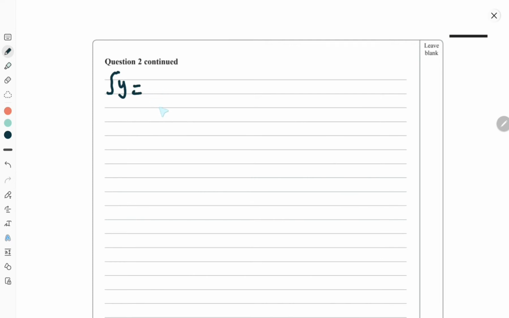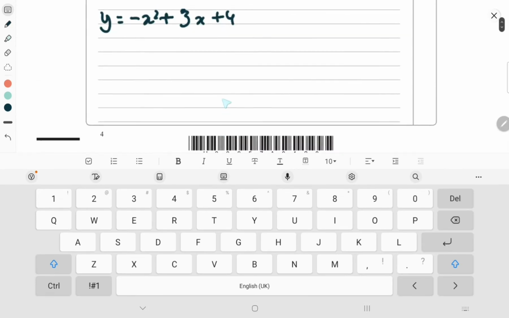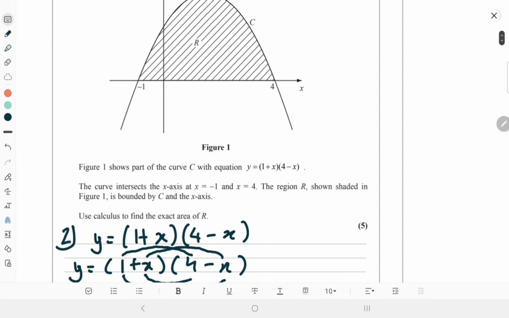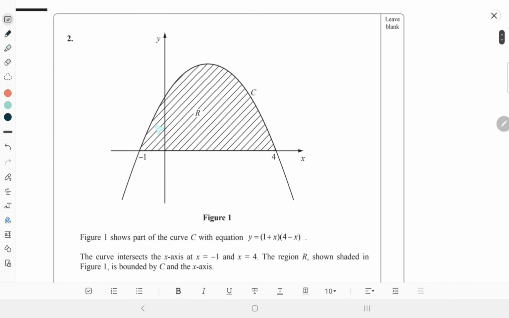Integrating y, but this time we have to use the limits -1 and 4, because this is the part of the graph where it is bounded by the x-axis. You see this shaded region R is between -1 and 4.